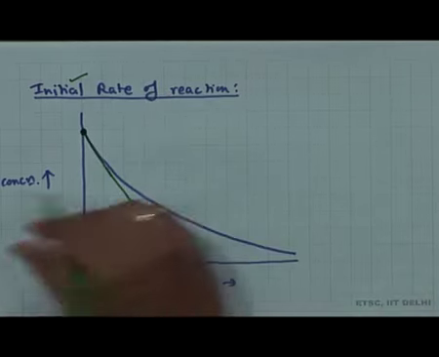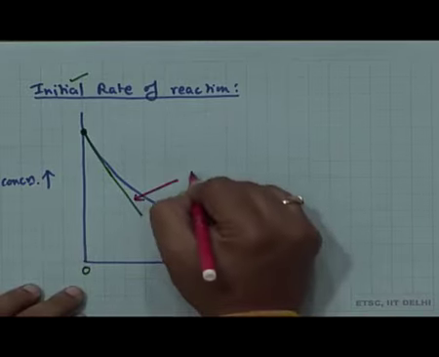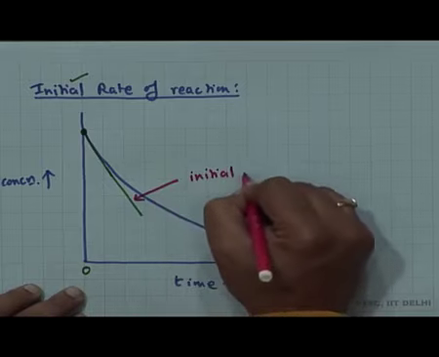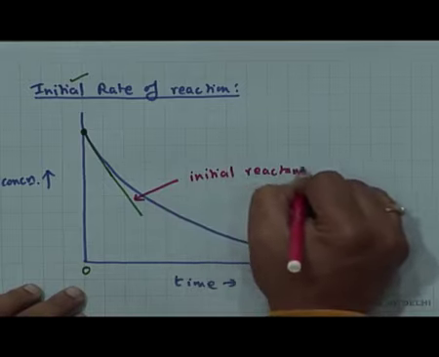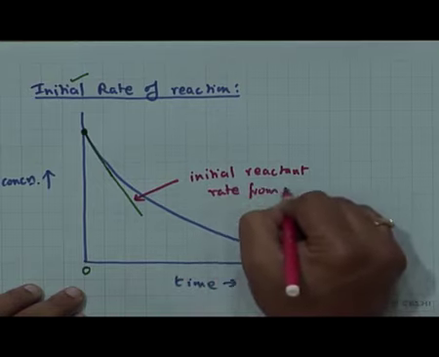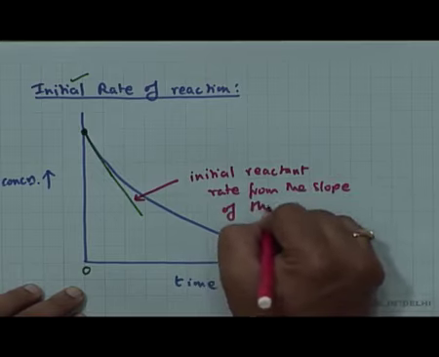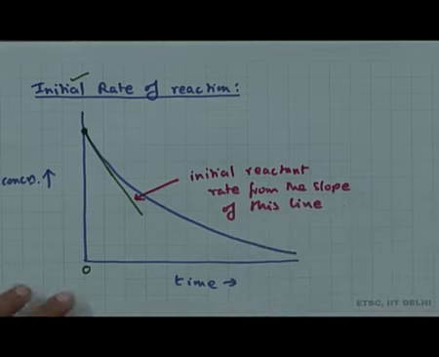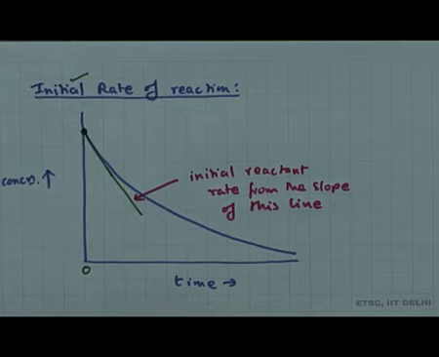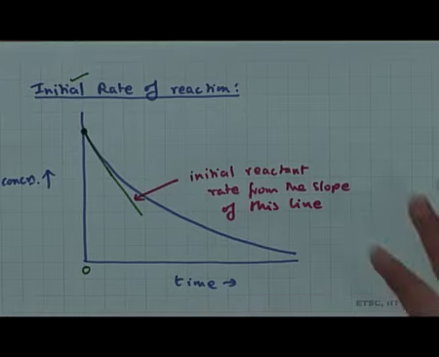This tangent gives you the initial reaction rate from the slope of this line, and it is drawn right at the initial point of the reaction. This was in terms of the reactant, which is why you see it decreasing as a function of time.